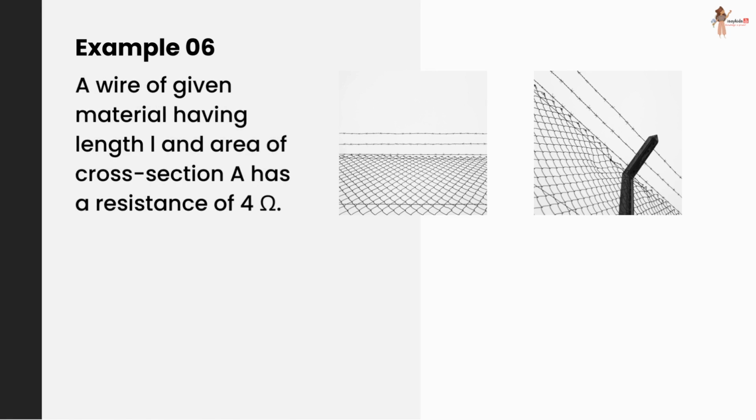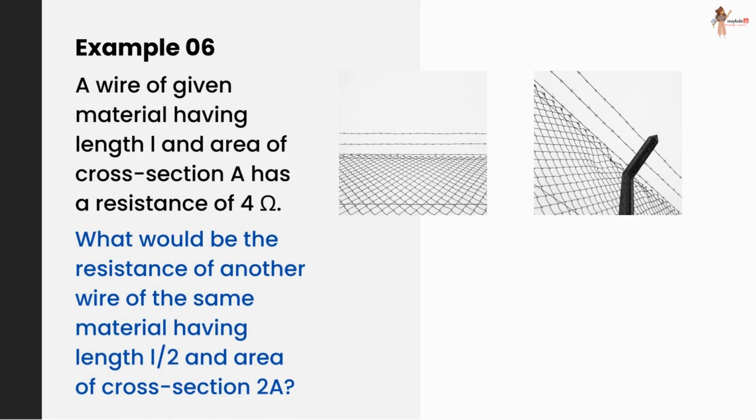Let's see one more. A wire of given material having length L and area of cross section A has a resistance of 4 ohms. What would be the resistance of another wire of the same material having length L by 2 and the area of cross section 2A?